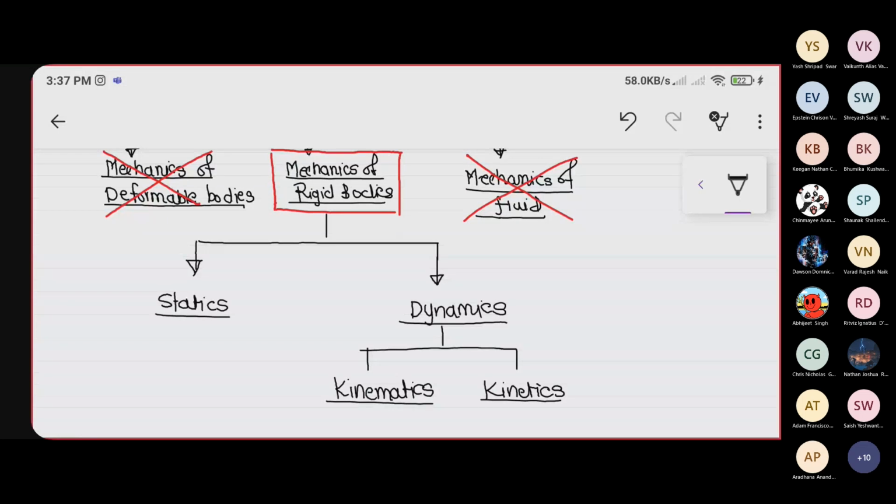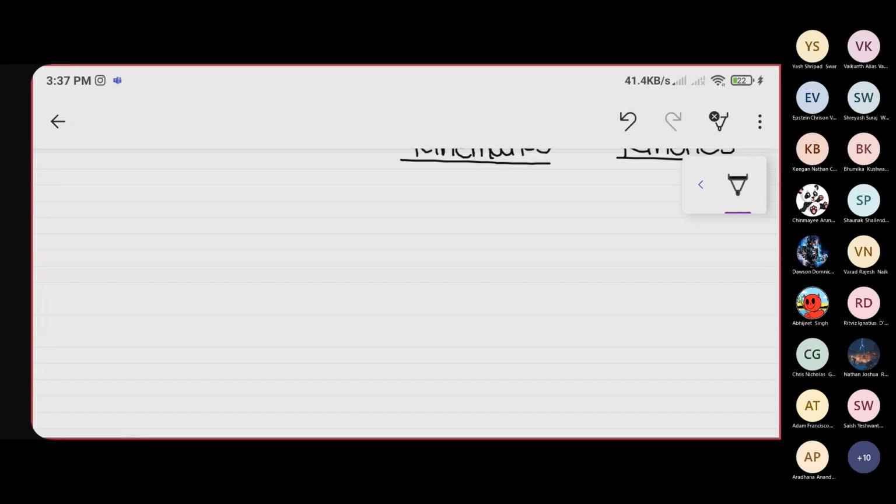Static. When we say static, what is meant by static? I'll write static. So what we are going to study in statics is that it is a branch of engineering mechanics which studies the effect of forces on a body.